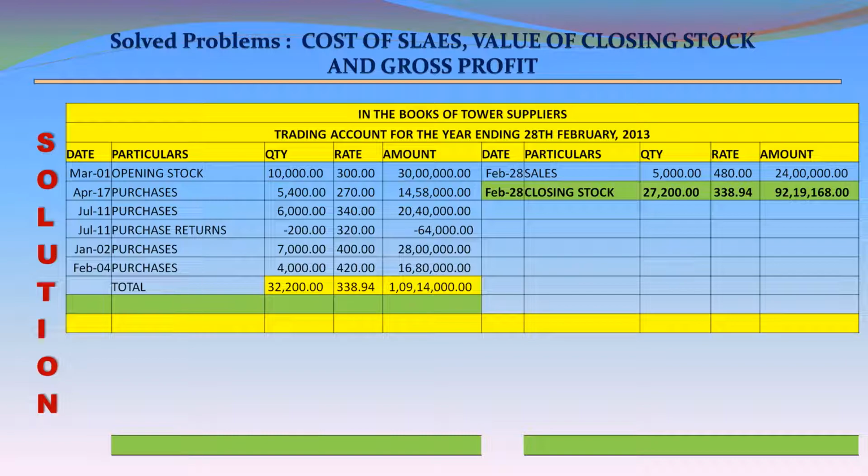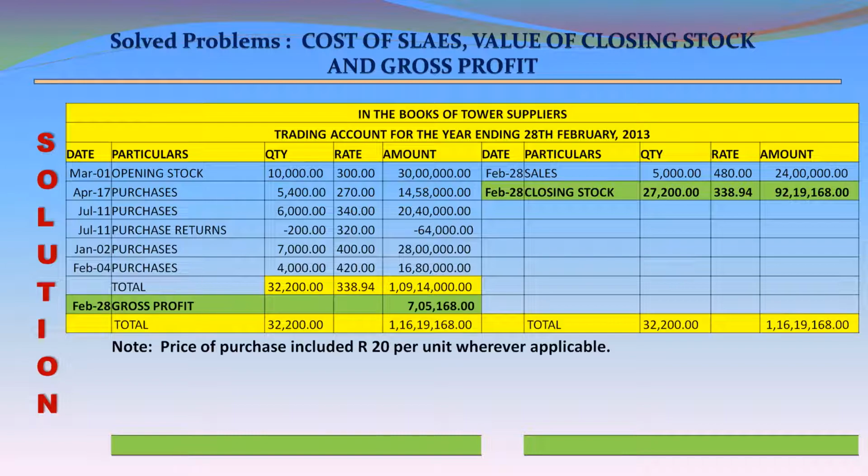The amount comes to 9,219,168. Total on the credit side 32,200 units including closing stock of 27,200 units, and the amount is 11,619,168. When we balance the account, there is a difference of 705,168, which is the gross profit.